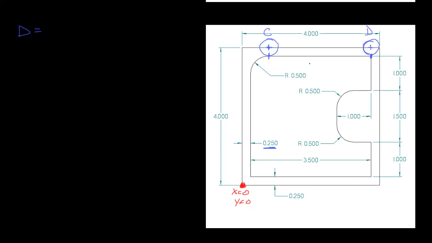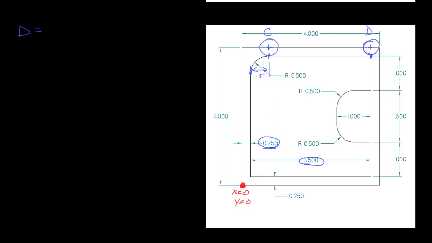Okay, so this one might be a little bit more challenging to figure out, but I know that this is 0.25 right here, and this is 3.5 to this point, and this right here is 0.5 inches.